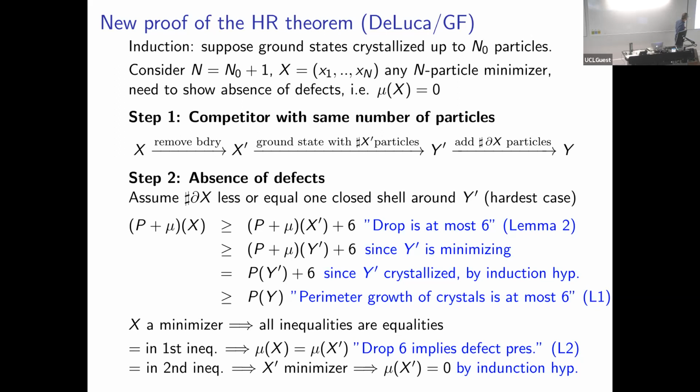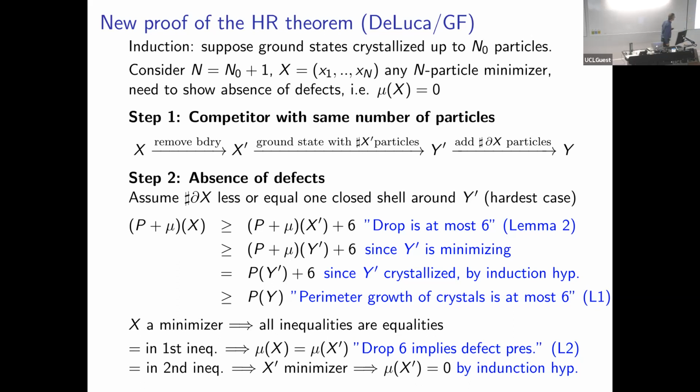Then I can estimate that from below by the P of Y, because the perimeter growth is at most 6 when I add a closed shell. So I've estimated this by the perimeter of Y. For the Y's, I really added the particles on the boundary, using my lemma on how the perimeter grows when adding a closed shell. And here I used how the two of them together drop when I remove a closed shell.